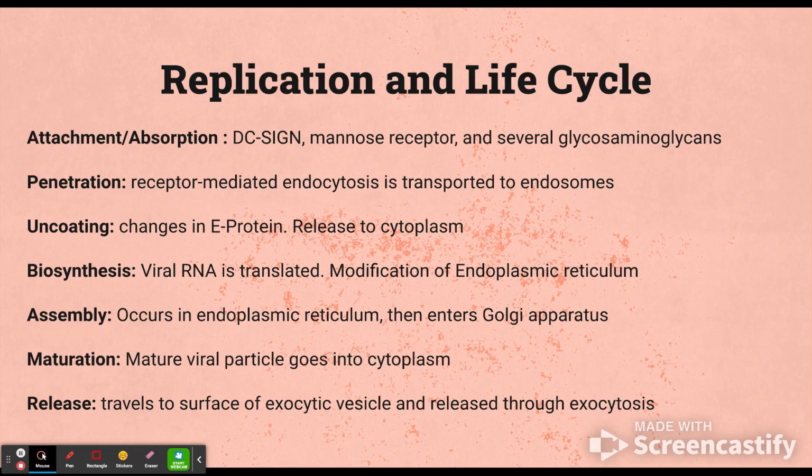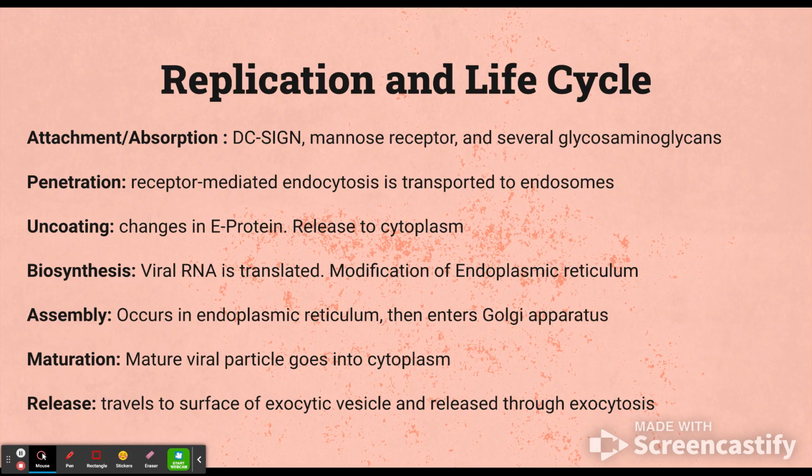Then the viral RNA is translated into a single polyprotein and processed. The replication is then carried out in specific domains of the viral proteins, and the viral proteins cause expansion and modification of the endoplasmic reticulum. Then the viral assembly occurs in the endoplasmic reticulum, which then buds off and enters the Golgi apparatus.